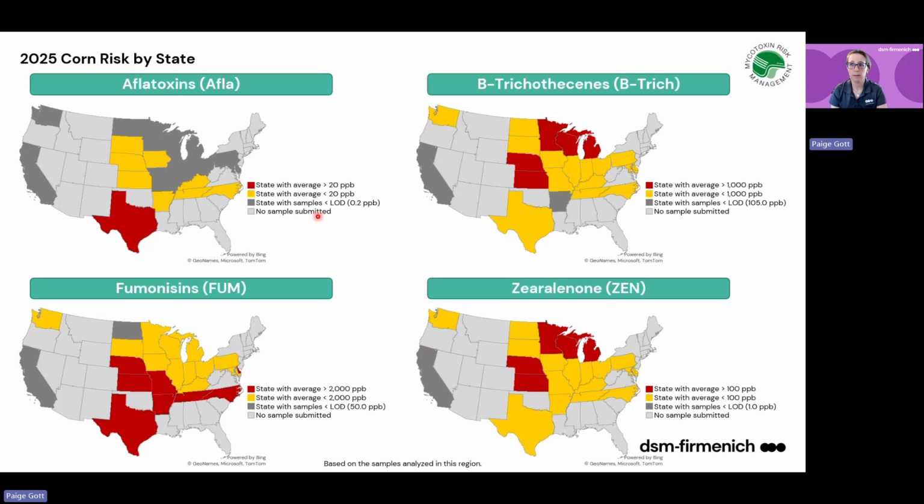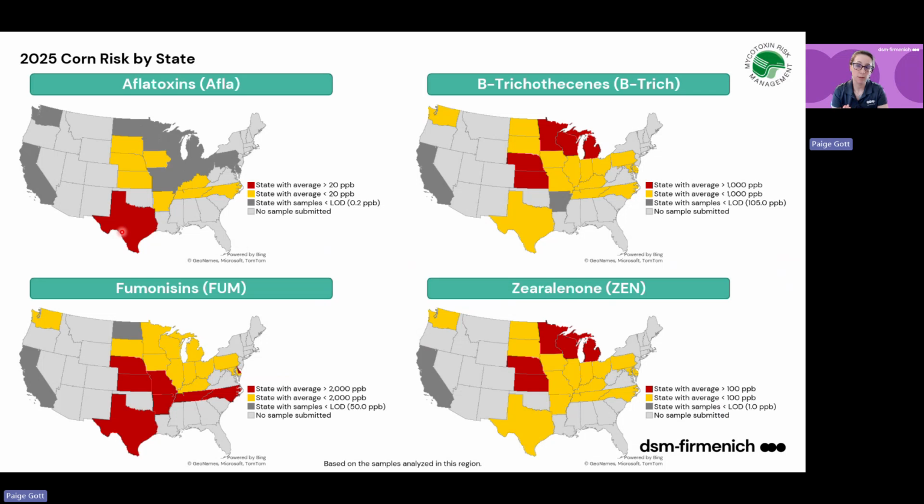So with our aflatoxin map, the threshold to go from yellow to red is 20 parts per billion, and Texas is our lone state that on average was above 20 parts per billion. If you access the full PDF report for the survey online, you'll be able to get full details for each of these maps. Each map includes a table that breaks down each state.